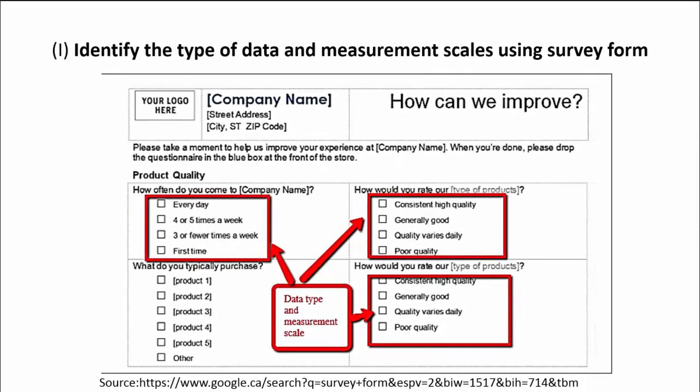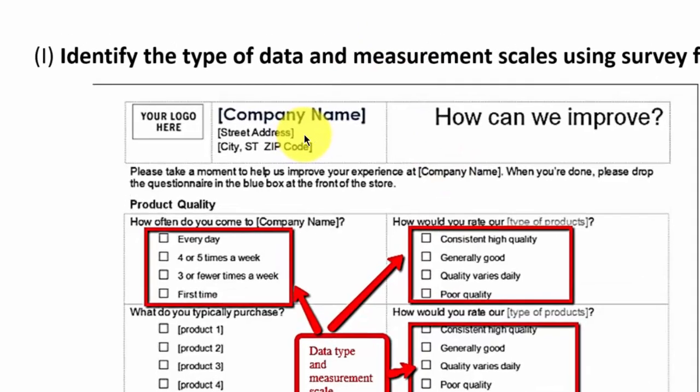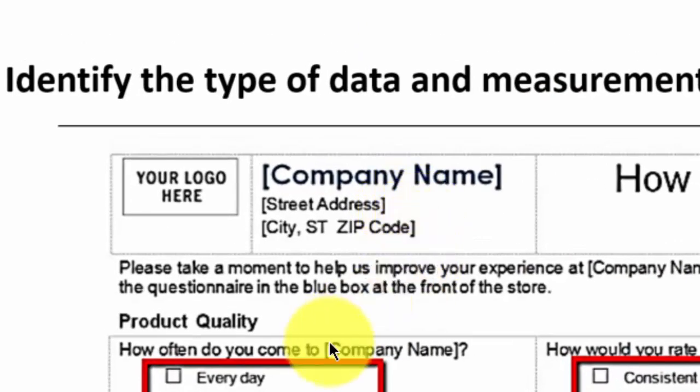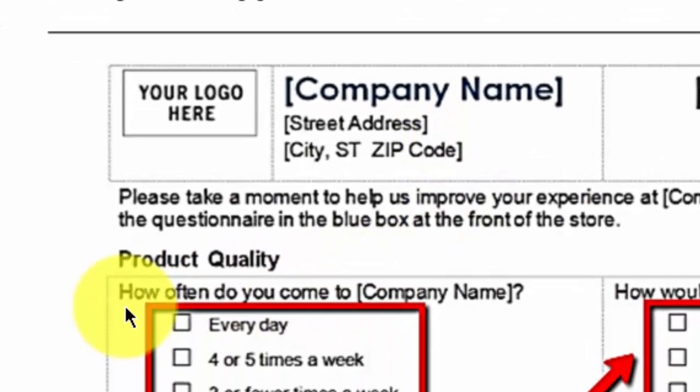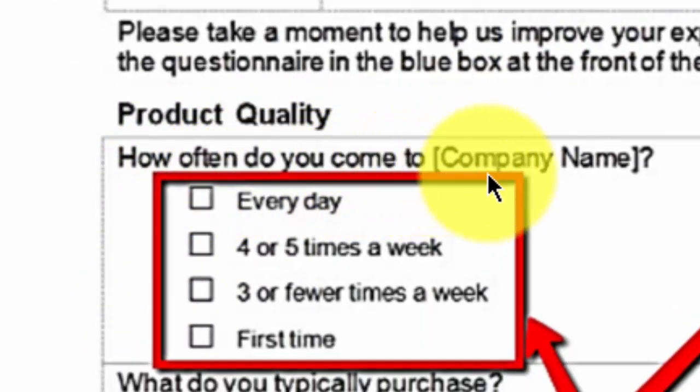This video focuses on the types of data that we can collect as part of surveys or other instruments to collect data. You could see that this is a survey from a company that wants to improve the working conditions of the employees who work there, and there are some questions. For example, how often do you come to work? And the responses could be every day, maybe 4 to 5 times a week, and so on and so forth.